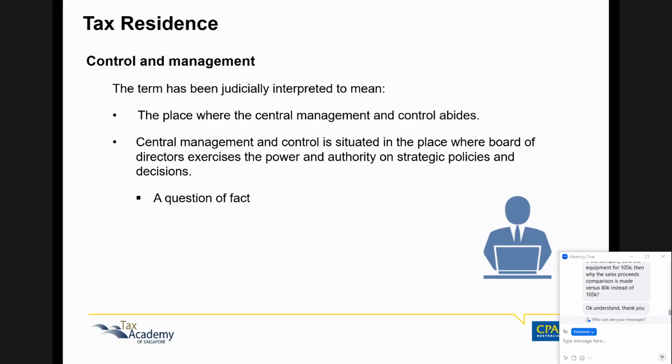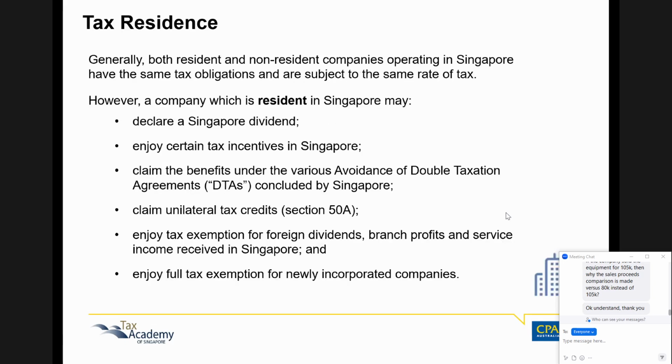So it's a question of fact. We look at where the directors meet, where they decide on strategic policies and decisions. In most circumstances, we don't have an issue with control and management, but sometimes we may, but generally it should still be quite okay.